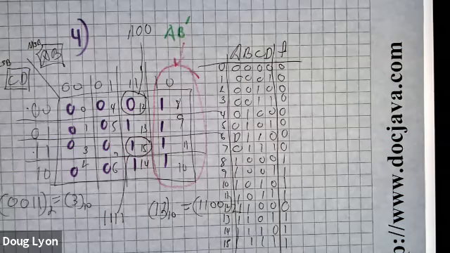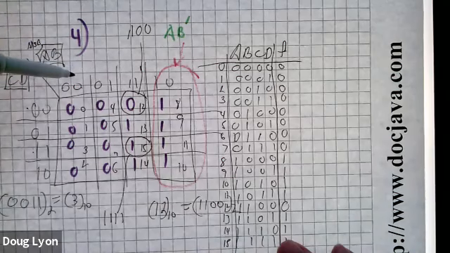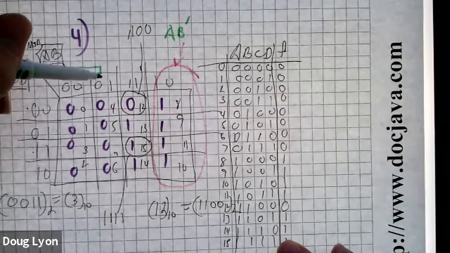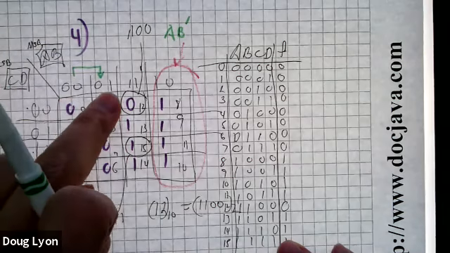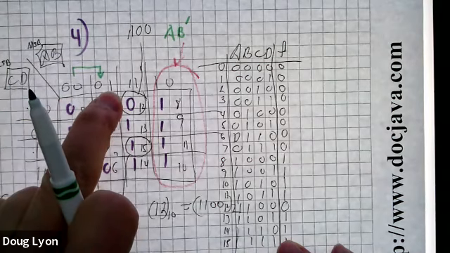why is it in the order of 00, 01, 11, 10 on the outside of the table? So this is one bit of difference between 00 and 01, and that bit is the least significant bit.